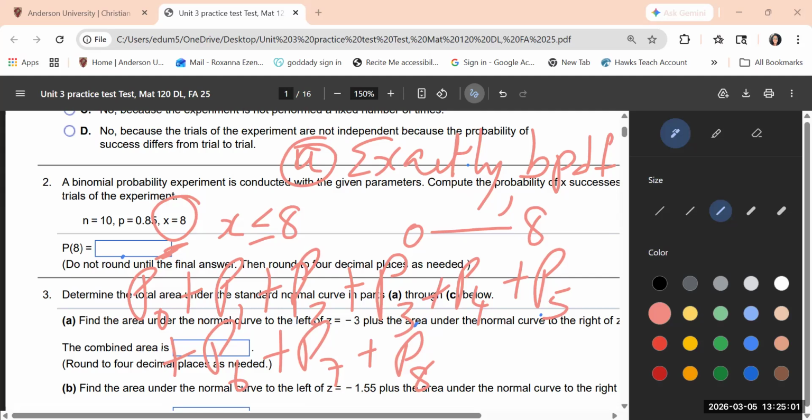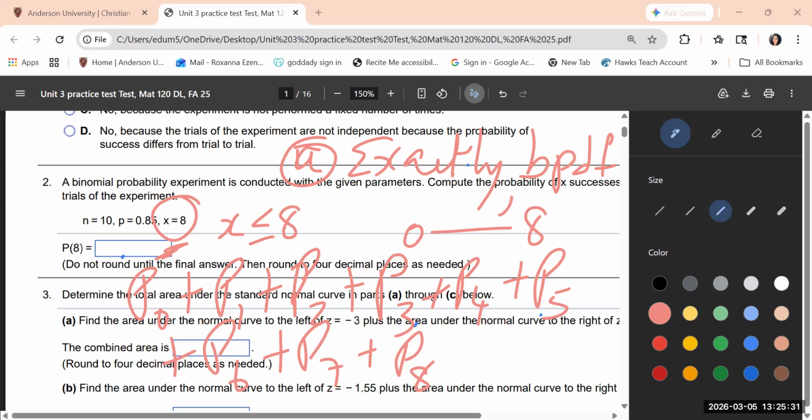So if I can represent the binomial distribution in a density curve, then I am told to find from P5 to P8. In other words, I'm only told to find the area between.